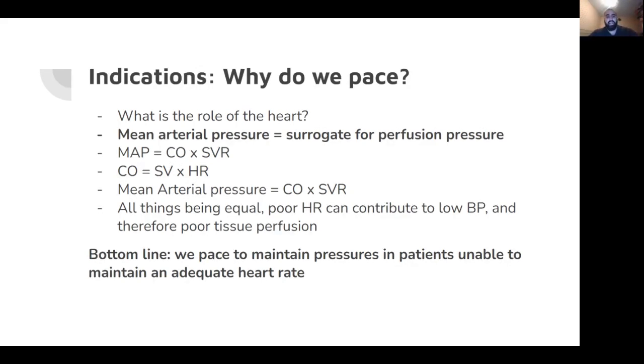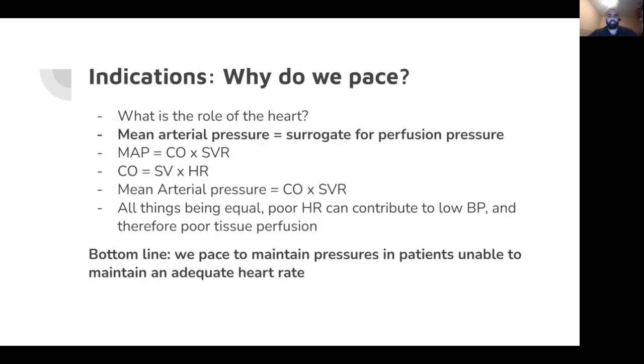And if we isolate cardiac output and break that down, we see that heart rate is one of the key components: heart rate multiplied by stroke volume. So we can break the whole of the mean arterial pressure equation down into three components: stroke volume, heart rate, and systemic vascular resistance. And for the purposes of this talk, the key component is heart rate.